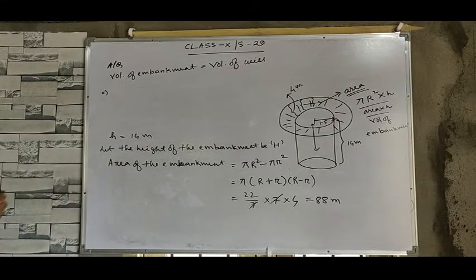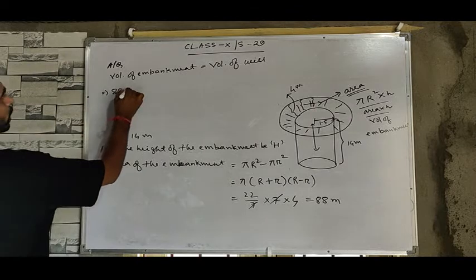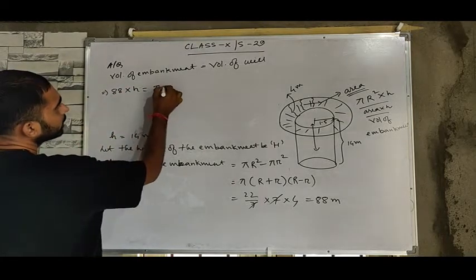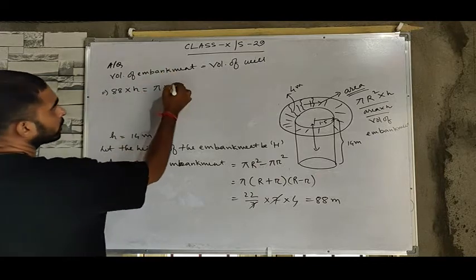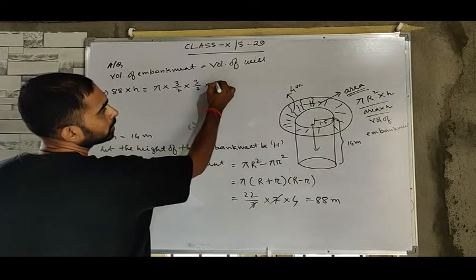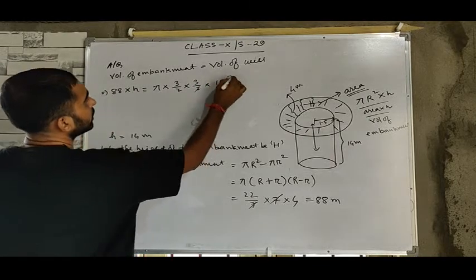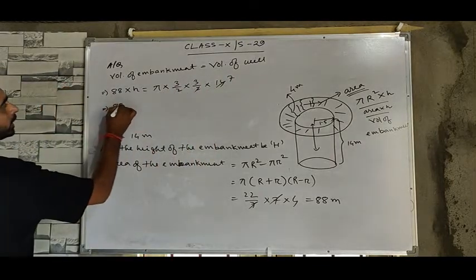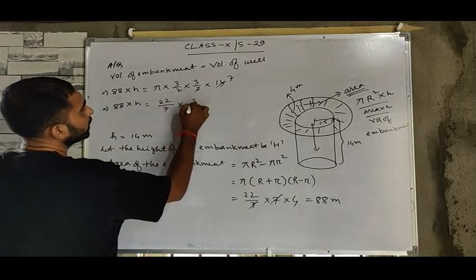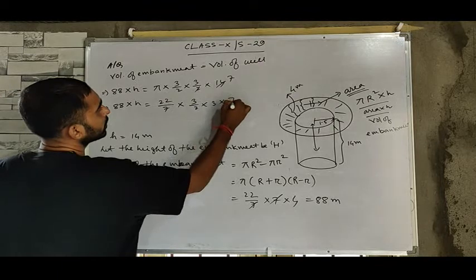The volume of the embankment is 88 into height. 88 into height equal to volume of the well, pi r square h, r equal to 1.5, that is 3 by 2. 3 by 2 into 3 by 2 into height equal to 40. So 88 into H equals 22 by 7 into 3 by 2 into 3 by 2 into 40.